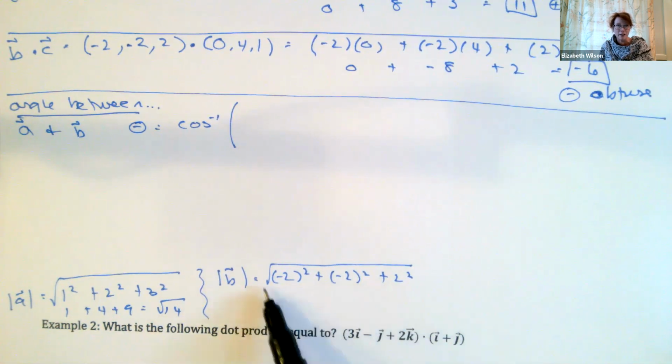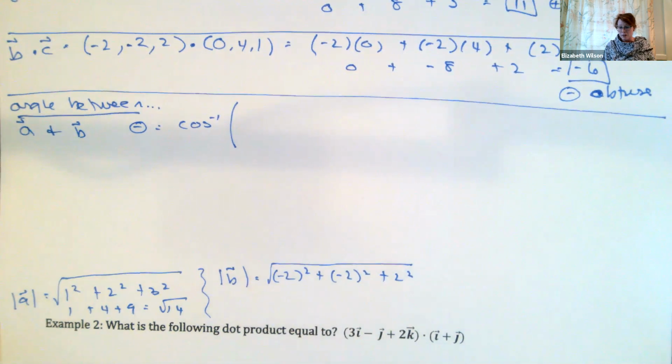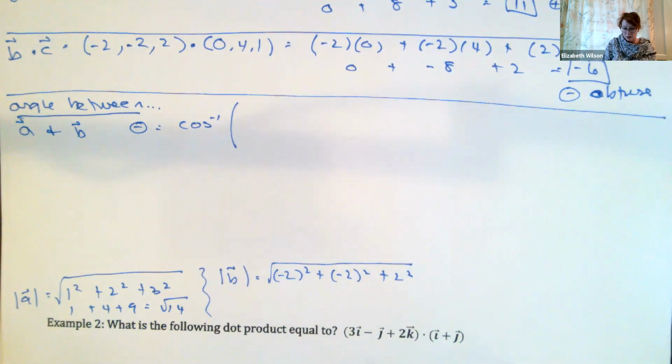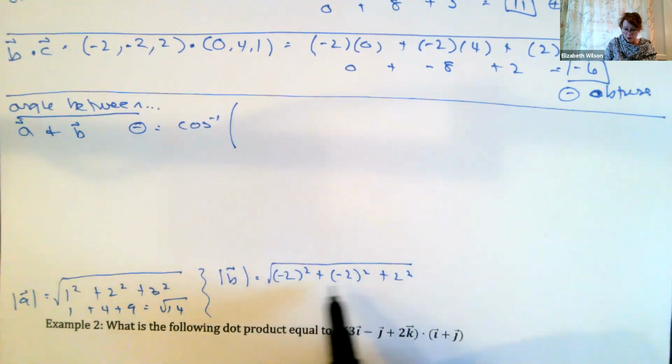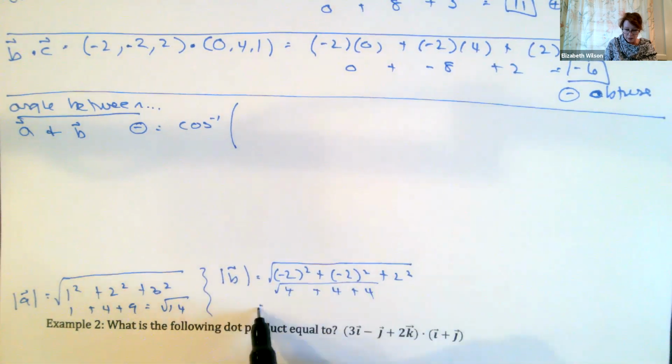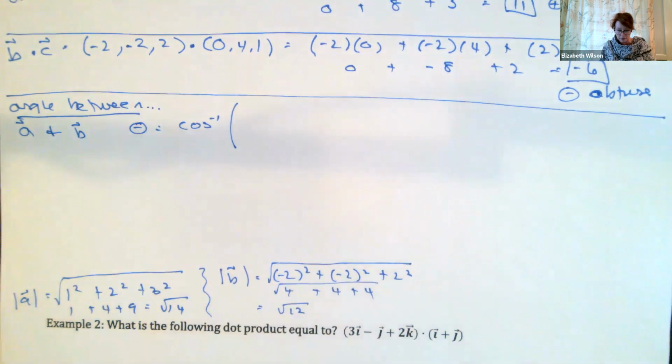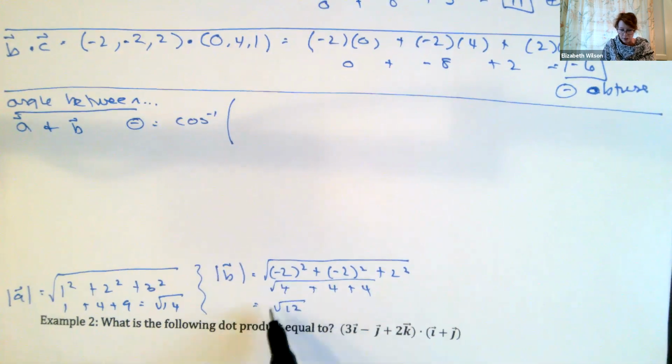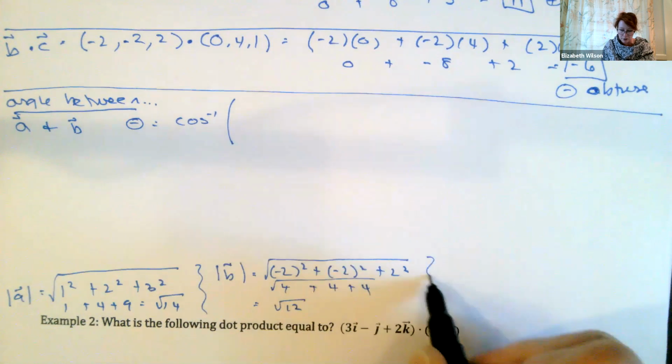I'm going to get a negative in the radical. If you get a negative in the radical on your magnitude, then your calculator has betrayed you. So make sure this is going to be 4 plus 4 plus 4. I'm just going to leave this in radical form. I'm not going to worry about simplifying, because I'm just calculating my cosines here.